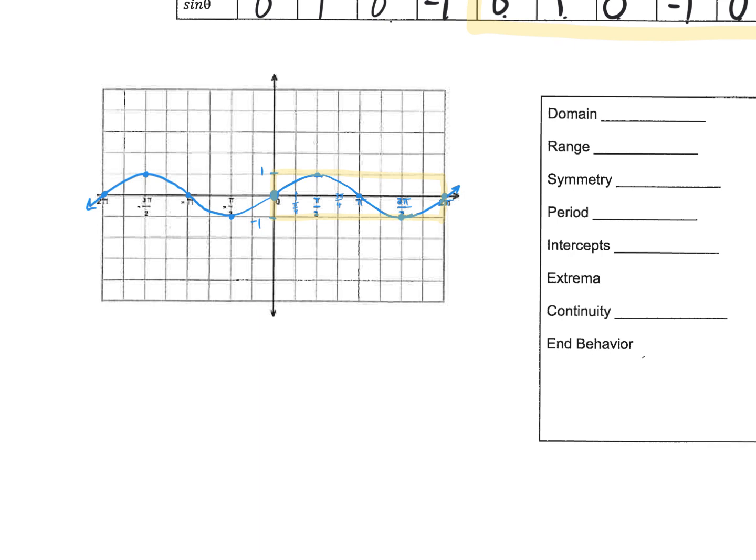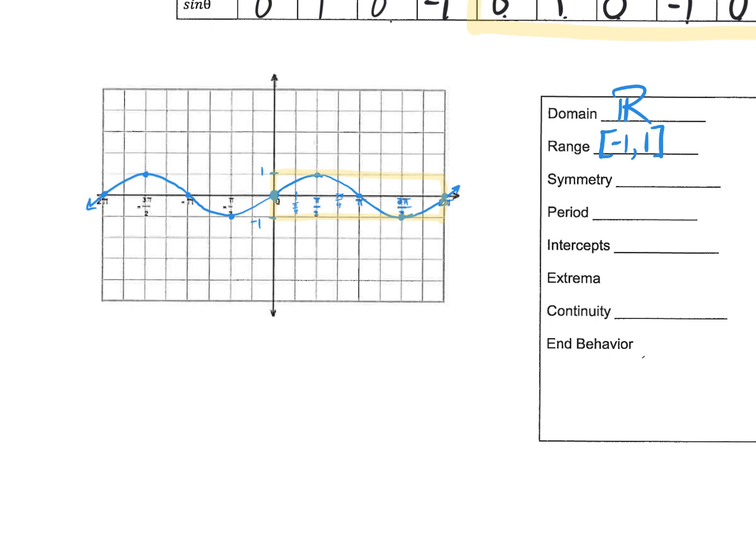What is the domain of this guy? All real numbers. Yes, it's got arrows at both ends, doesn't it? What is the range, though? What's the lowest value we get? And what's the highest? That must be the range then, right? So the range is from -1 to 1.